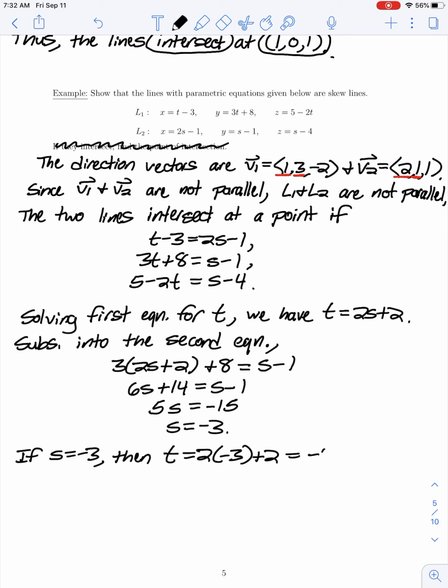So that would be negative 6 plus 2, or negative 4. So now we know that if s is negative 3 and t is negative 4, we've satisfied the first two equations of our system, but we need to check whether this third equation is true for those values.